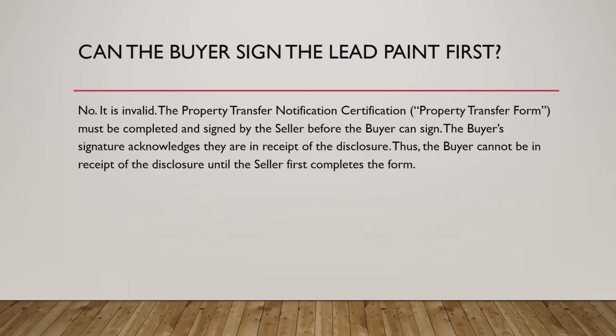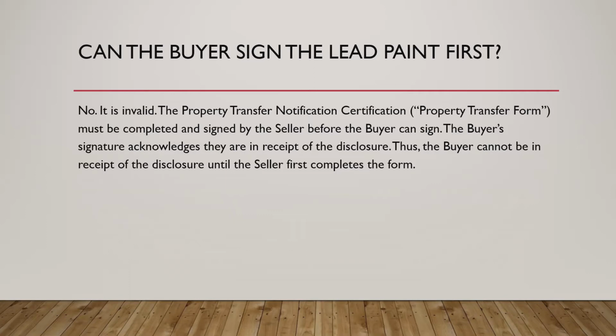The buyer's signature acknowledges that they are in receipt of the disclosure. Thus, the buyer cannot be in receipt of the disclosure until the seller first completes the form. So when you are first meeting a client as a buyer's agent, it's a great idea to still give the 10-page CLPP form to your buyer so they understand the lead law, because what the lead law says is if there's a child under 6 living in the property, that by law they're supposed to de-lead it if they're buying the property.